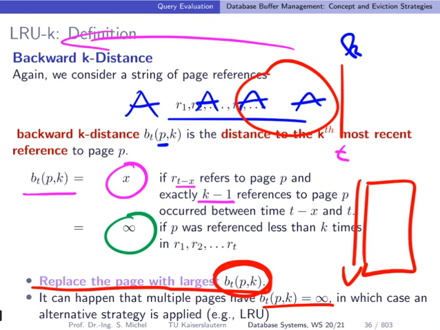In LRU-2, let's say, if these pages are accessed only once, they would have an infinite backward k distance. That means they would be replaced by themselves with high likelihood, so they will not fill up the entire buffer.